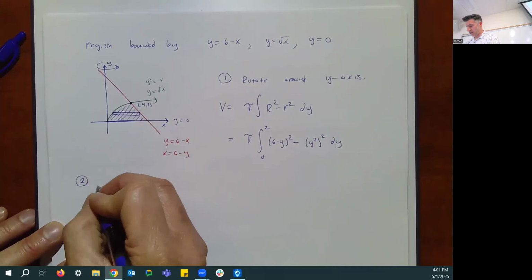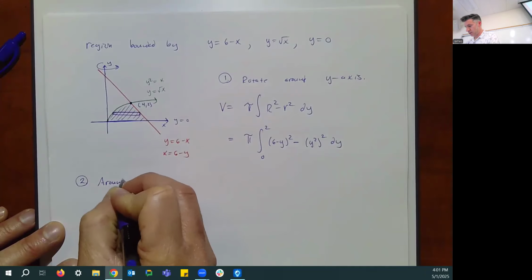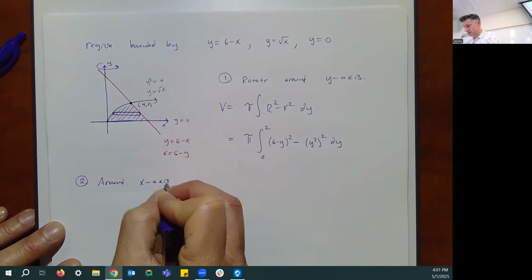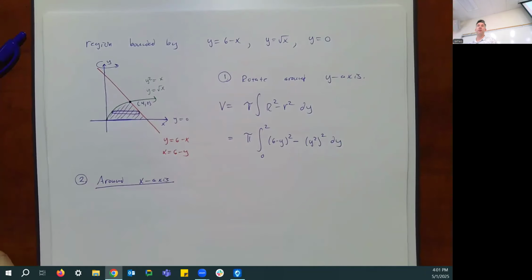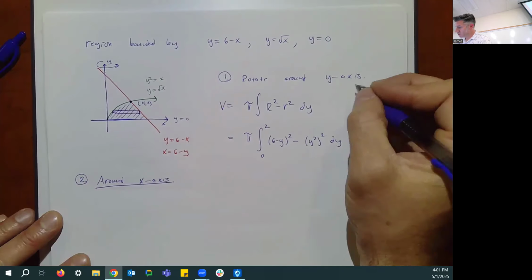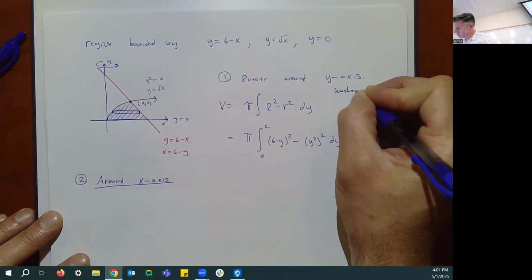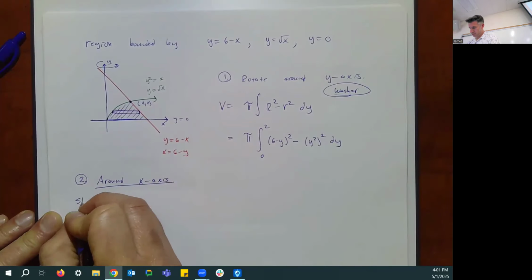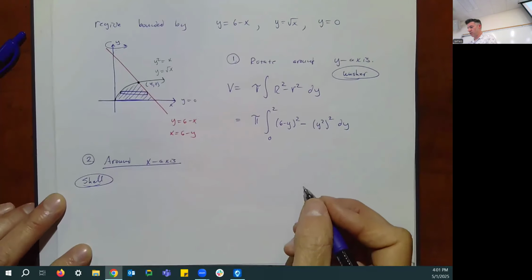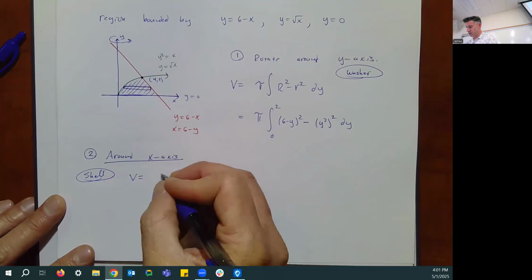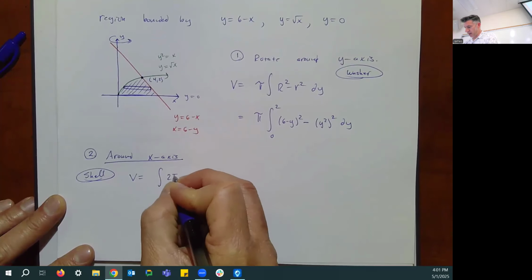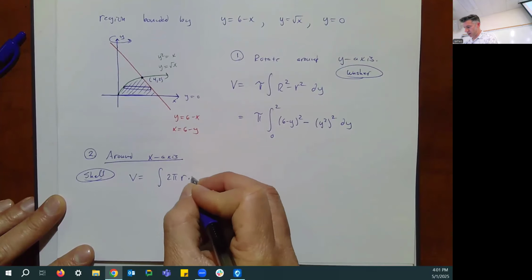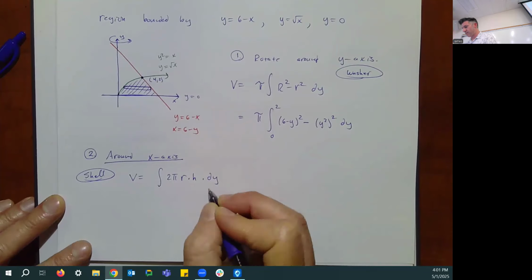If on the other hand we go around the x-axis, now we're using the shell method. So now our volume is going to be 2 pi times our radius times our height times still dy.